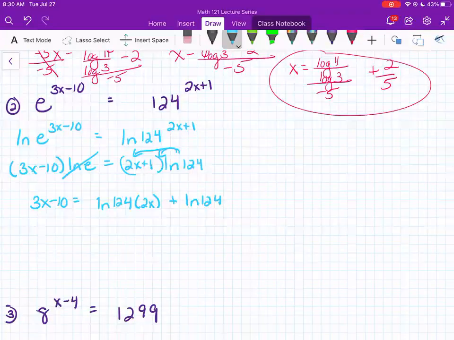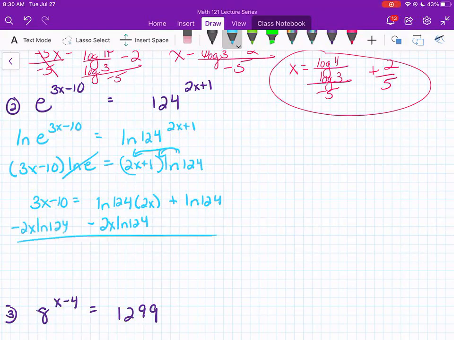I want to get my x's together, so I'm going to move this entire thing over. Which leaves me with 3x minus 2x ln of 124 minus 10 equals ln of 124.